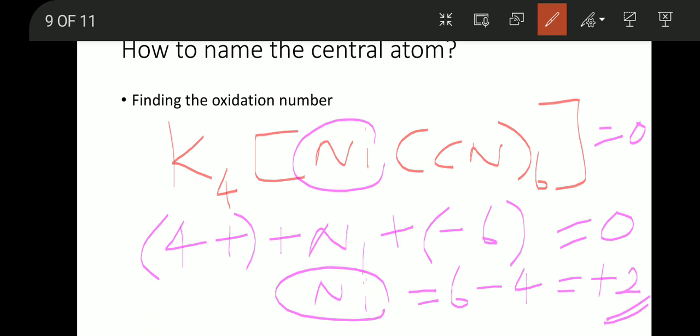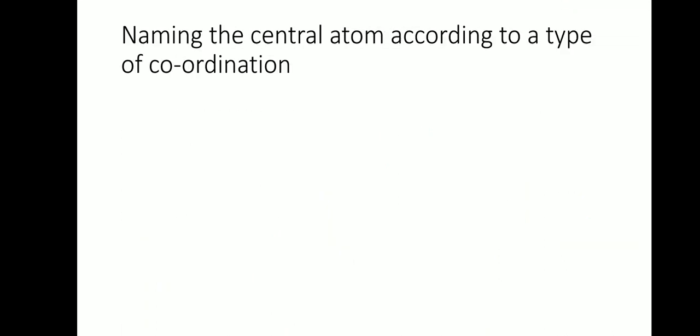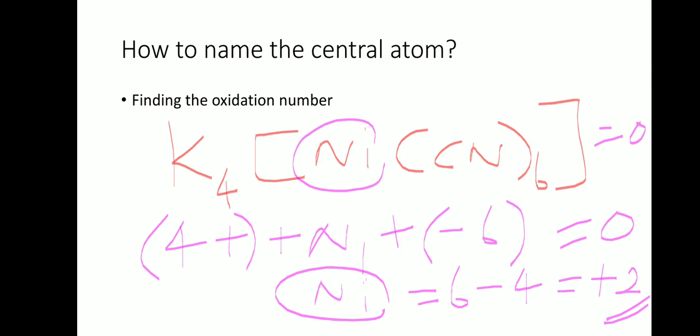So how do we name such ones? There is a rule for that also. After you find whether it is positive or negative or neutral, in our case we got plus 2, which means we have got a positive central atom. There is a rule: if the oxidation number is 0, or if it is a positive number, then you have no change to do.